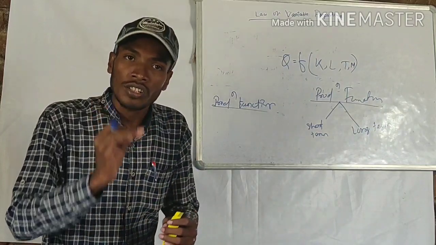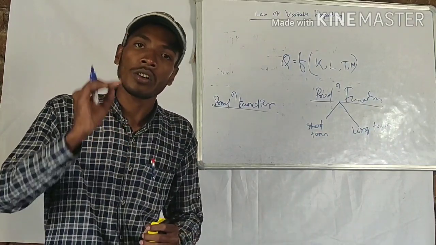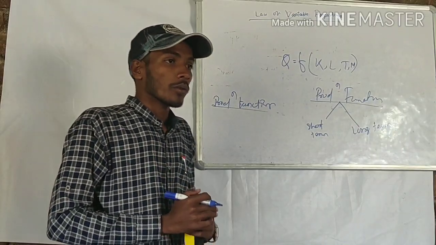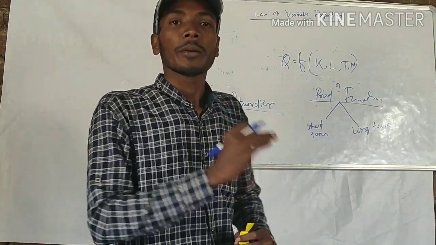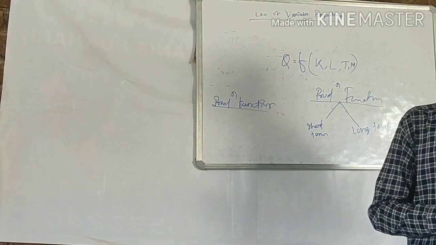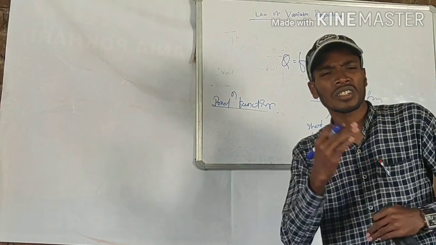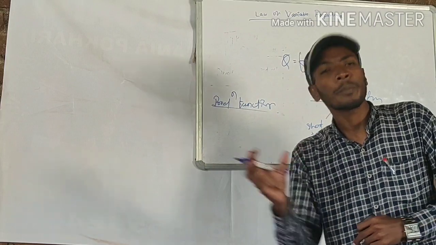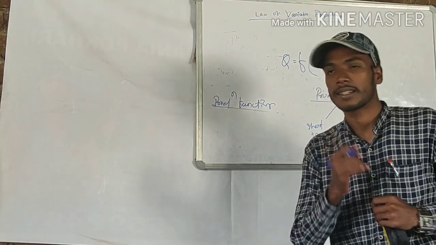That means production takes place in a short-run period of time, resulting from the inputs. Basically production means an input and output relation, isn't it?